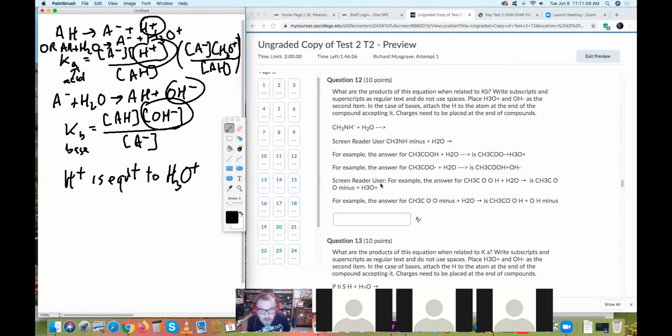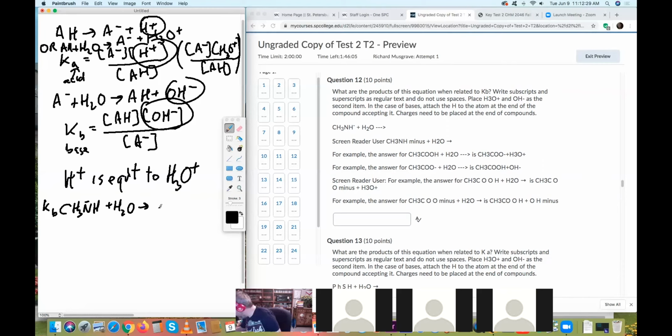Okay, so let's look first of all at this one here: CH3NH- plus H2O. And we're after Kb, it says. So automatically, I'm going to write down OH- over here, but I think it says to put the OH- second, so I'll abide by the instructions there.